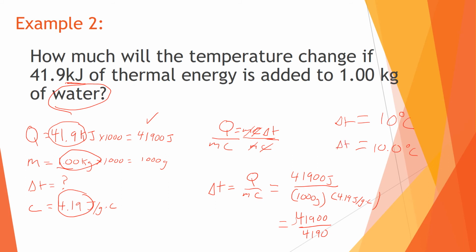Okay, so by putting in 41,900 joules of energy, I only raised that kilogram of water by 10 degrees Celsius. Okay, so mark there, mark here for the formula, and then mark here for the correct answer with the correct sig digs and the correct units.